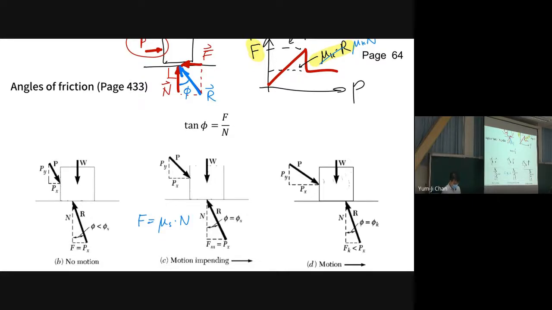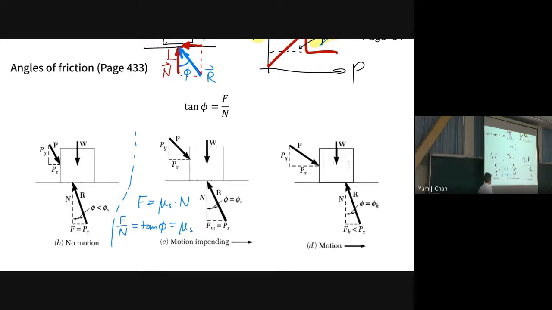So F divided by N is equal to tangent phi is equal to mu S, in this case.